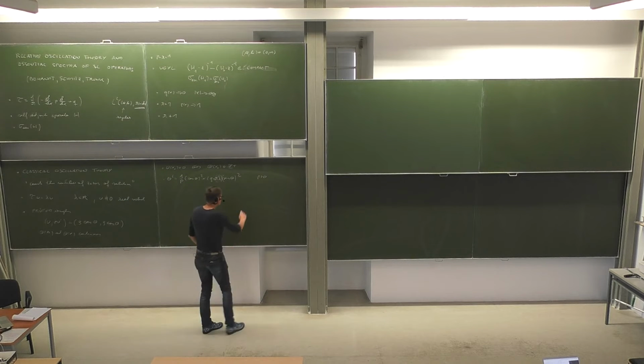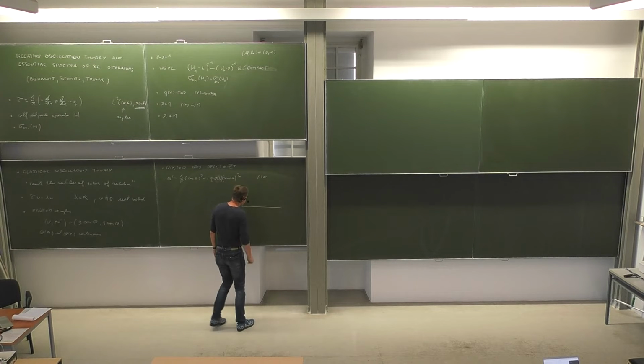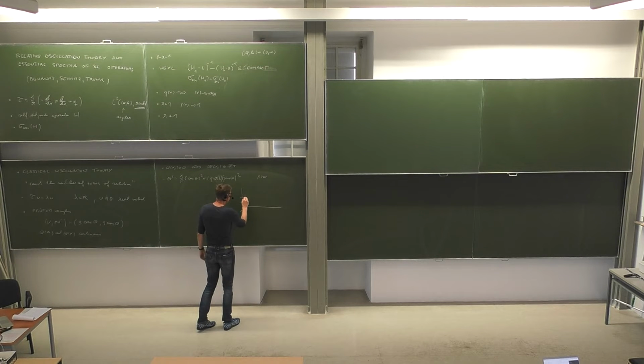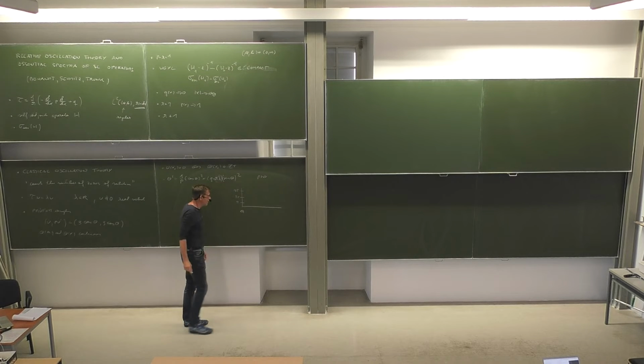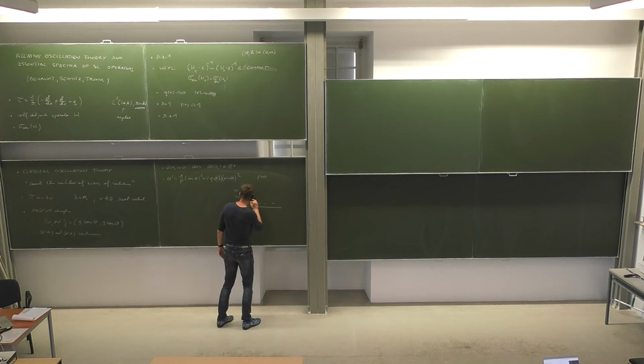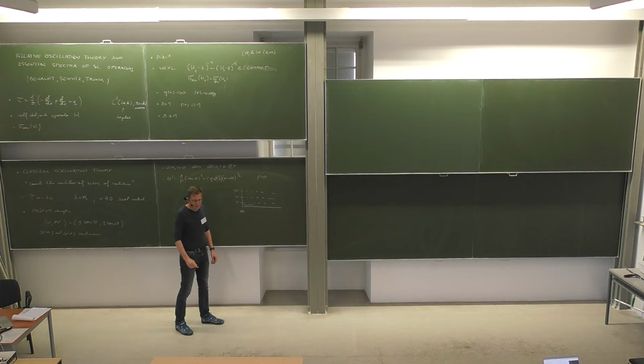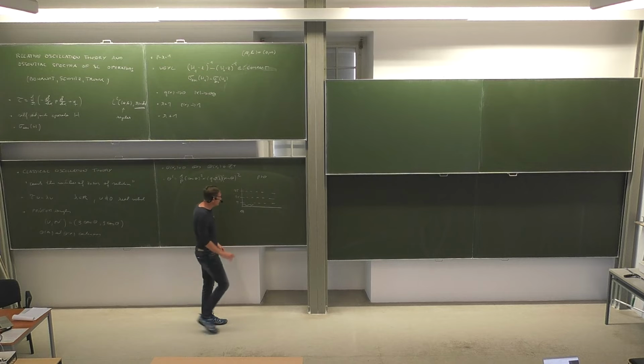So how does the situation look like? If I just make a little drawing, if I start at A here, then here we have the multiples of pi. Let's say this is pi, 2 pi, 3 pi, and so on. We fix our first value. Let's say we fix it somewhere here. Then the Prüfer angle can do whatever it wants down here, so it doesn't have to be monotone or something like that.